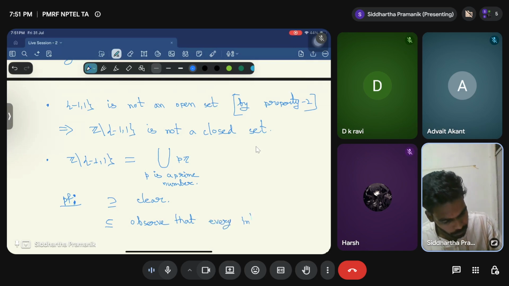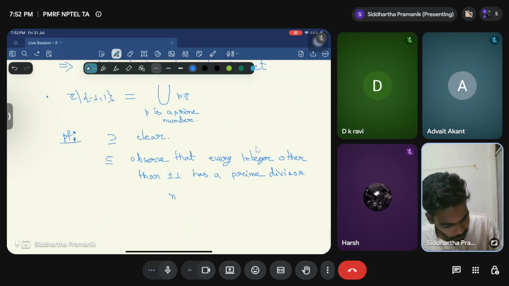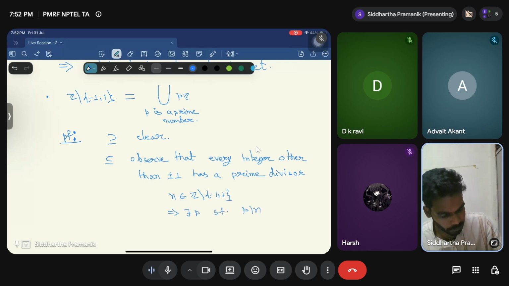Now to prove this one, observe that every integer other than plus minus 1 has a prime divisor. So if you take n belonging to Z minus {plus minus 1}, then there exists p such that p divides n. So this will imply n belongs to pZ.